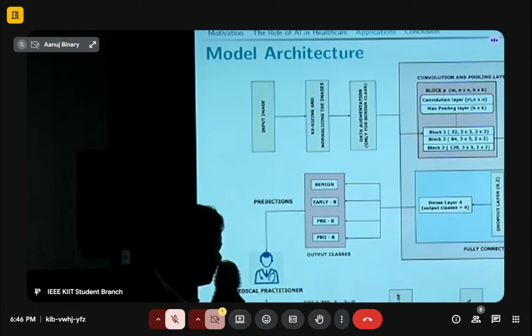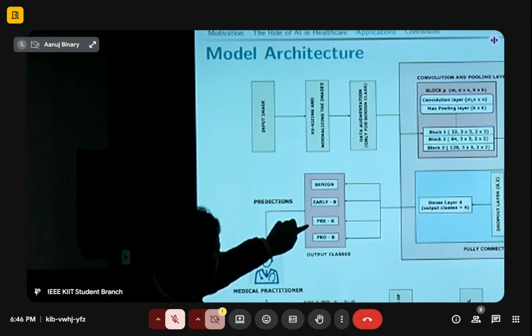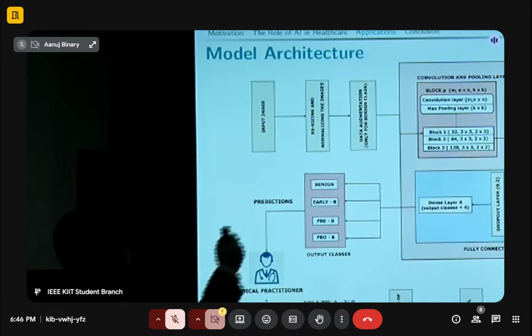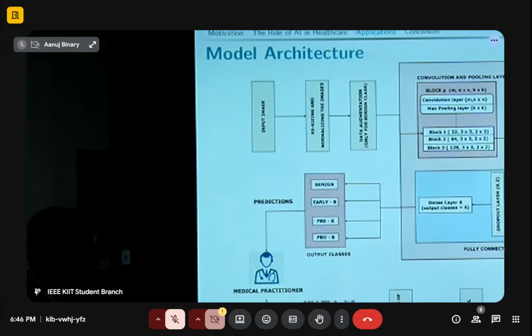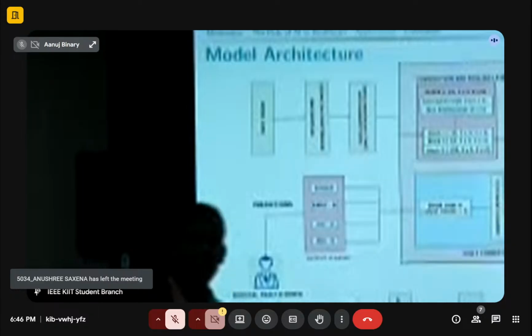And the dense layer has four different categories of this leukemia disease: benign, early B, pre-B, and pro-B. Then the medical predictor will predict whether it is benign, early B, pre-B, or pro-B. But whatever has been predicted by the doctor or the medical predictor, whether it is correct or not, can be explained by the explainable AI.